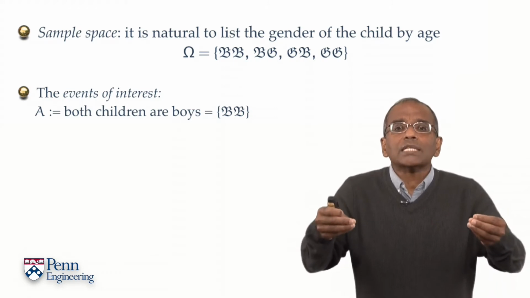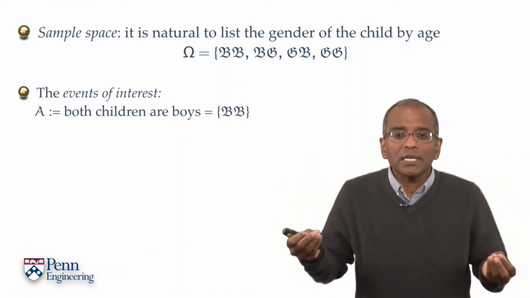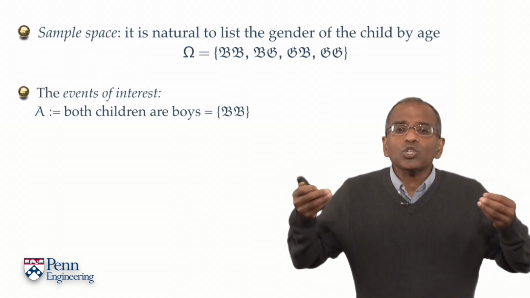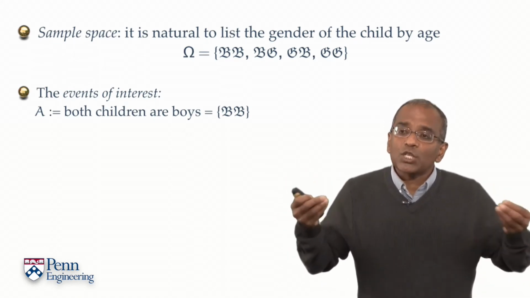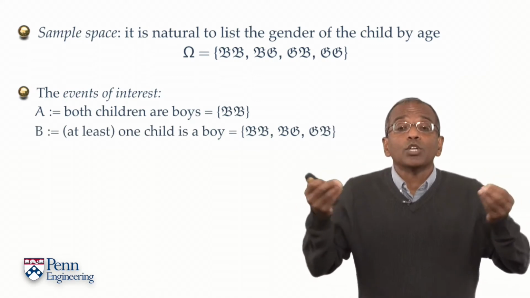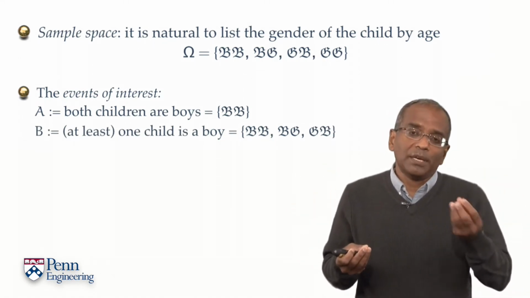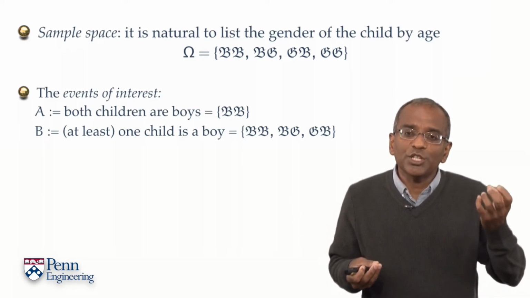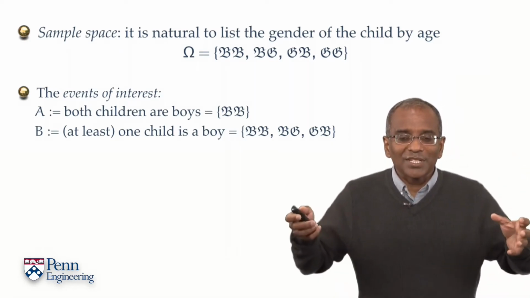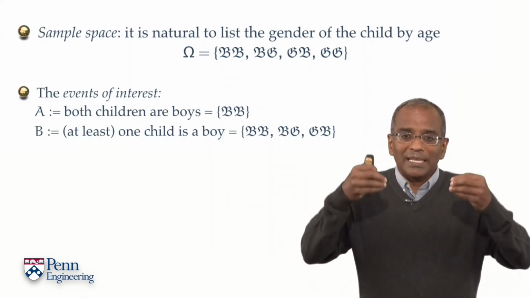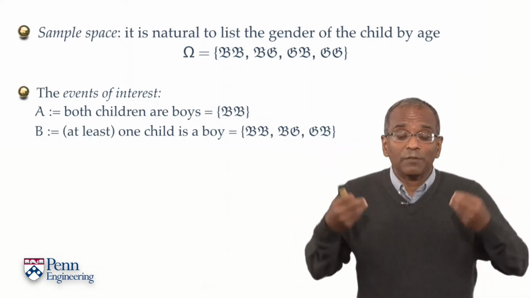And if we remove that particular sample point from the sample space, then the remaining 3 sample points are all triggers for this event. Let us call it B, that at least one child is a boy. And therefore, B is comprised of the sample points BB, BG, and GB.